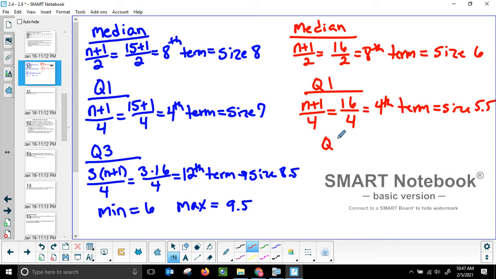Q3, same thing, 3 times n plus 1 over 4, which is equal to 3 times 16 over 4, which is my 12th term.